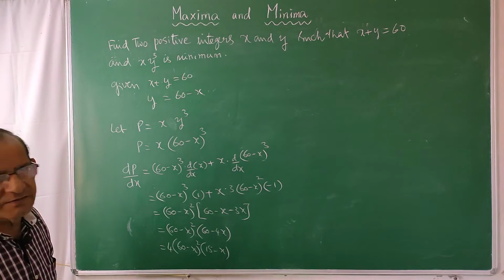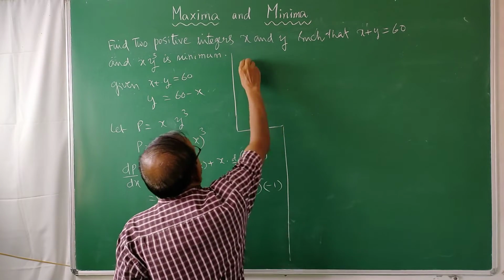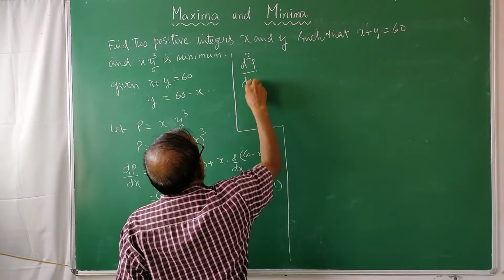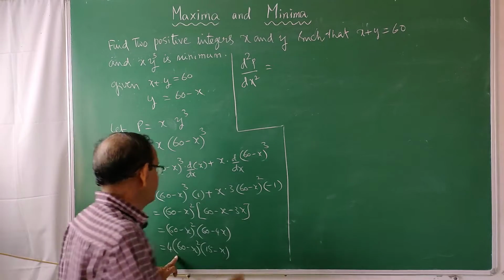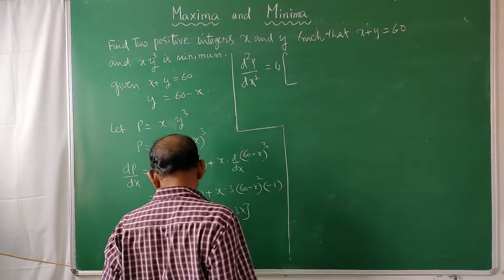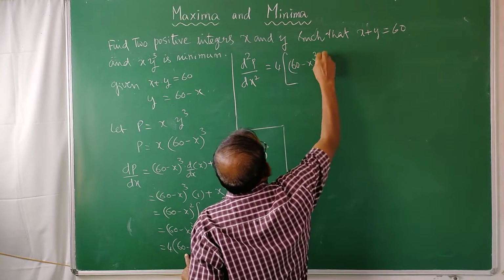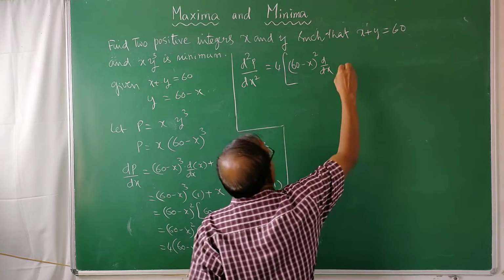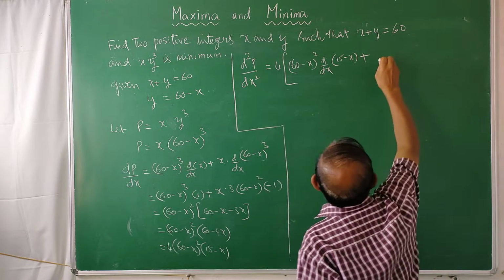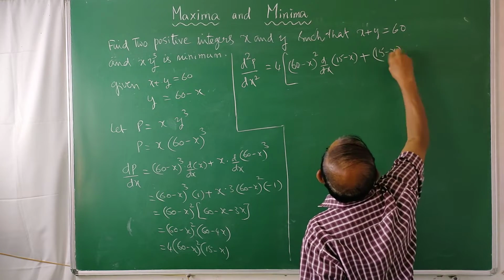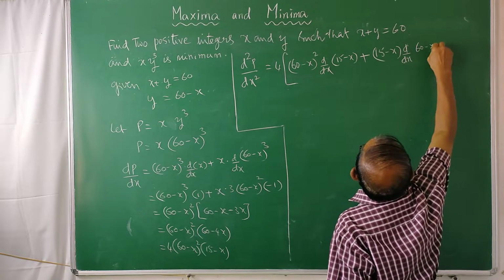Let us find the second derivative also. d square p by dx square equals, again by the u into v method, 4 is common, you can keep it like this, 60 minus x whole square into d by dx of 15 minus x, plus 15 minus x into d by dx of 60 minus x whole square.